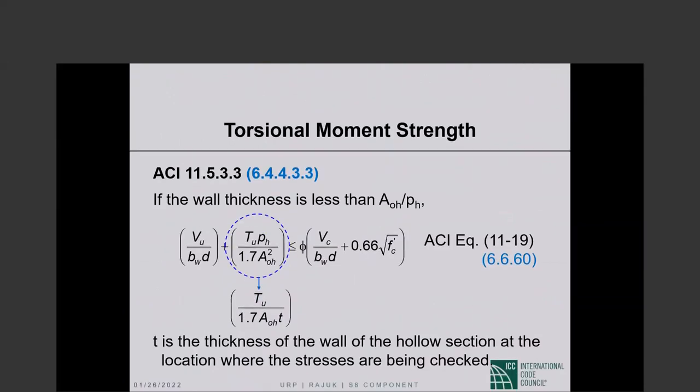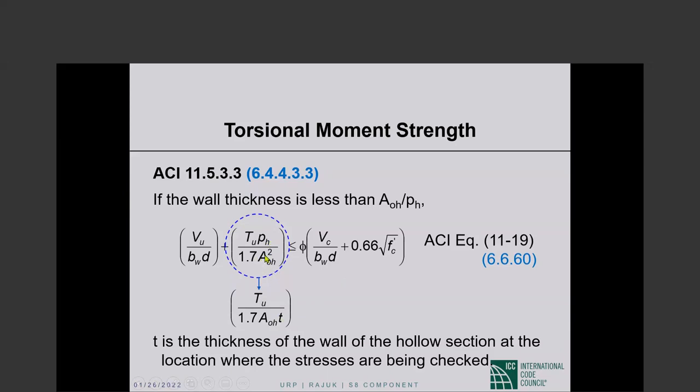If the wall thickness is less than the A sub 0 h by P sub h, A sub 0 h and P sub h were very carefully defined, then in this expression, A sub 0 h by P sub h shall be replaced by the wall thickness T. That's what we have done.